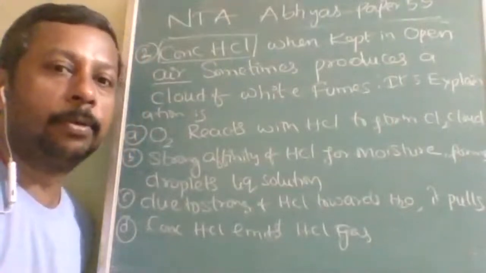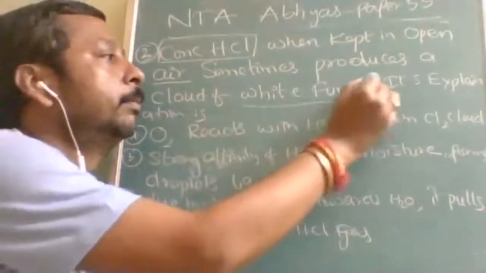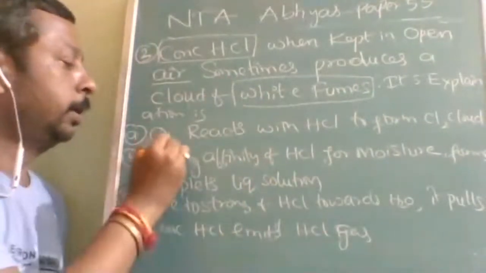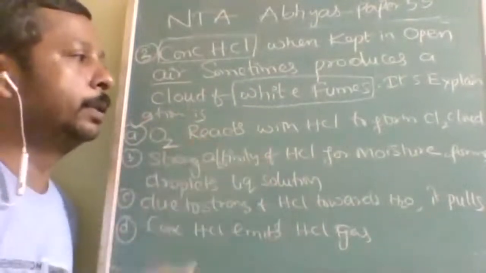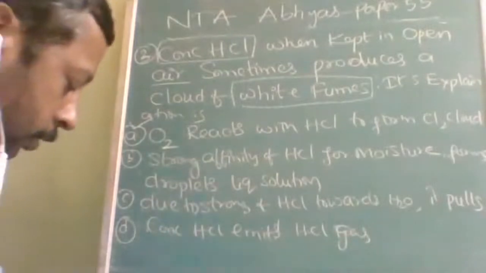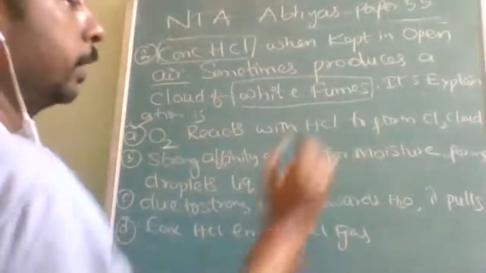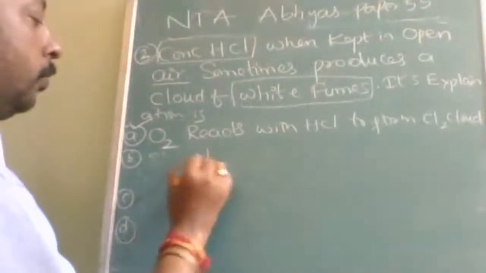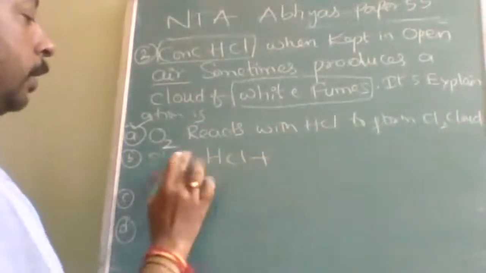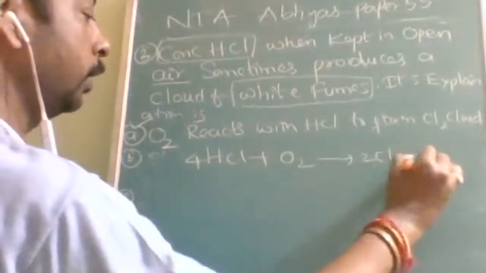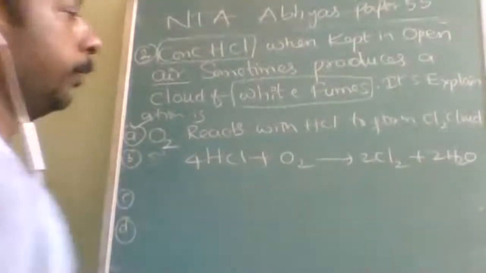It produces a cloud of white fumes. But what is the reason for the cloud? That is the explanation. The direct answer is that O2 reacts with HCl to form Cl2. This is the correct answer, and the remaining options are wrong. I am also writing the reaction, balanced: 4HCl plus O2 will give you 2Cl2 plus 2H2O.